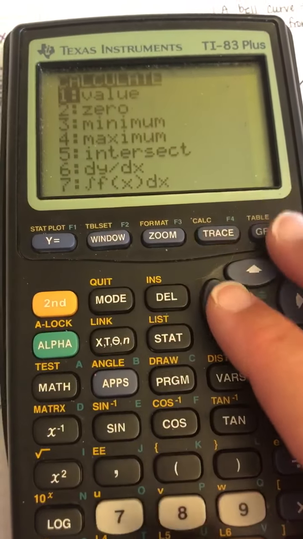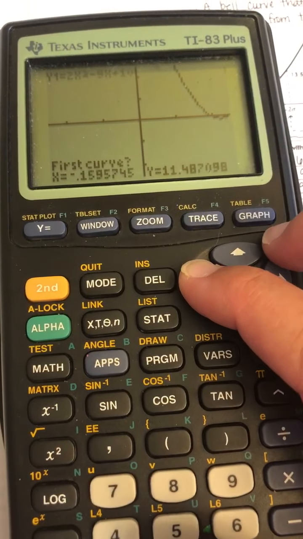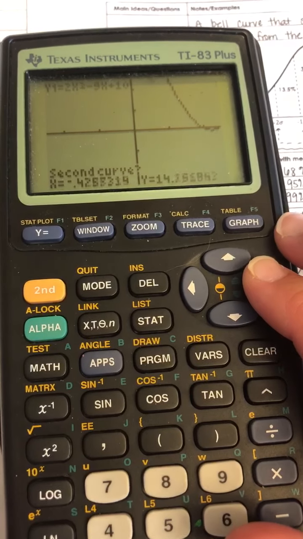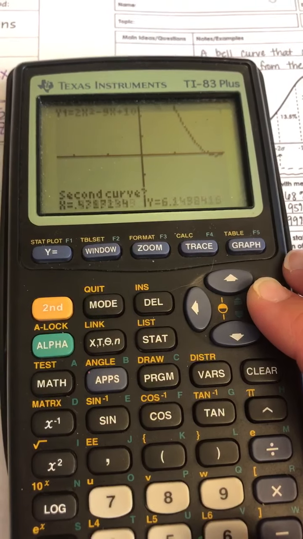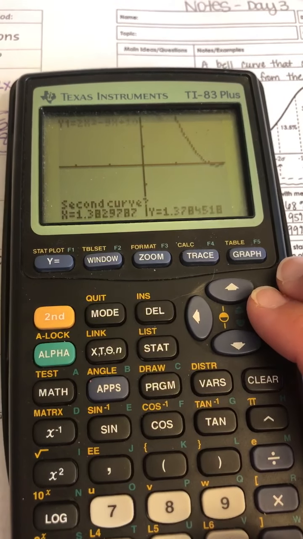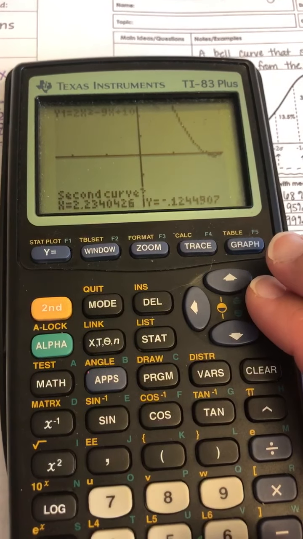So I can hit second calc intersect, and it's actually going to pick up my intersection points. So I'm going to move it to the left of my parabola, and then you see there's the point. I'm going to get it to the right of that intersection.